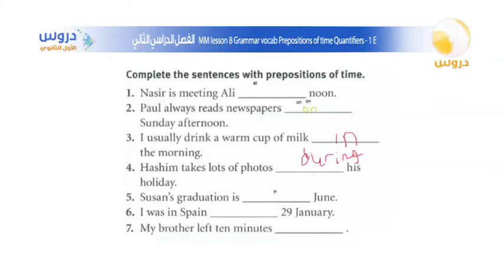Yes, you can use that, but during has another meaning. If you can give me the synonym in Arabic, we have another meaning. Okay, I will say it in Arabic.